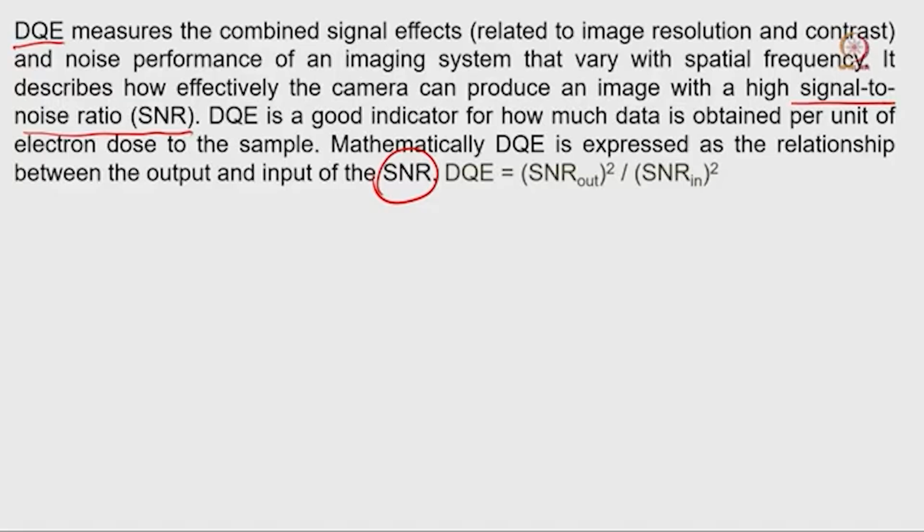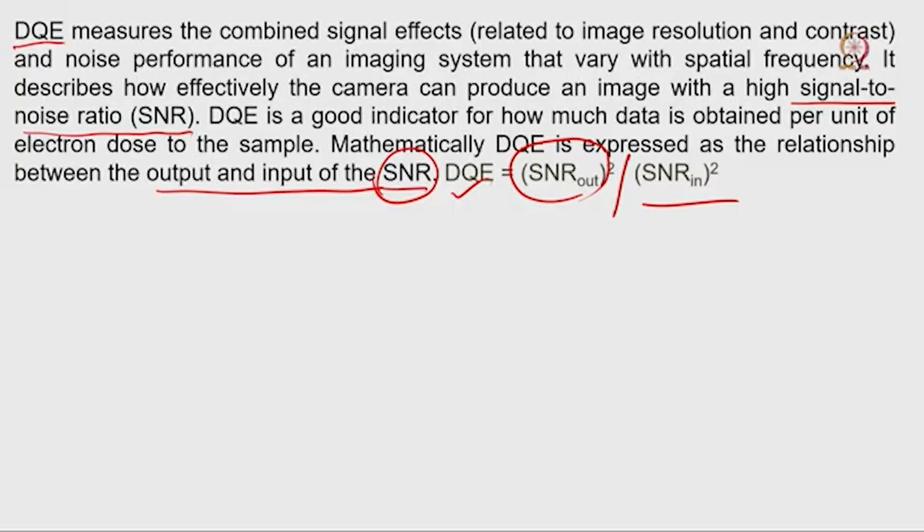Mathematically, DQE is expressed as the relationship between the output and input signal to noise ratio: the signal to noise ratio out squared divided by the signal to noise ratio in squared. That is called the DQE. If DQE is higher, your image quality will be much higher and your contrast will be much better.